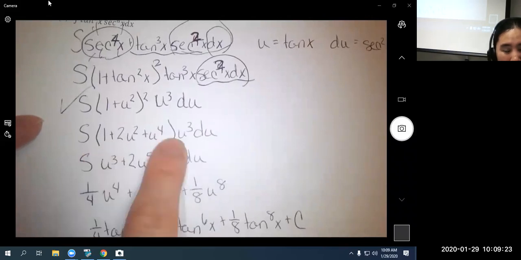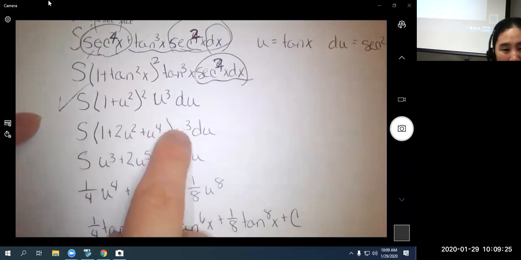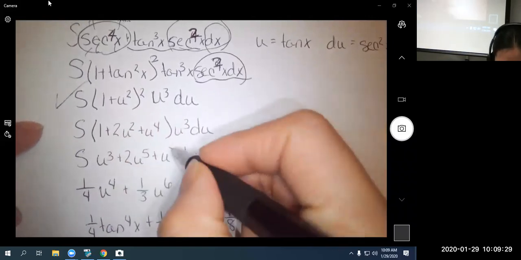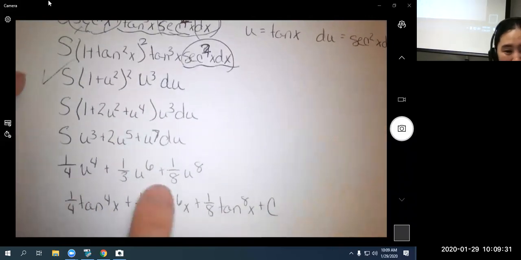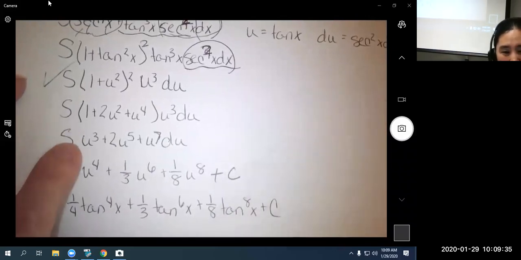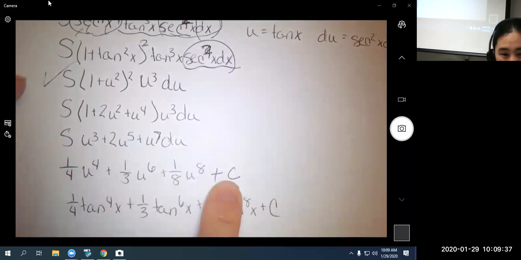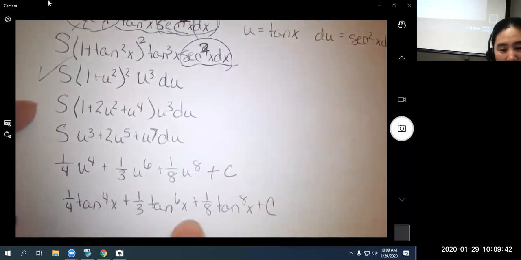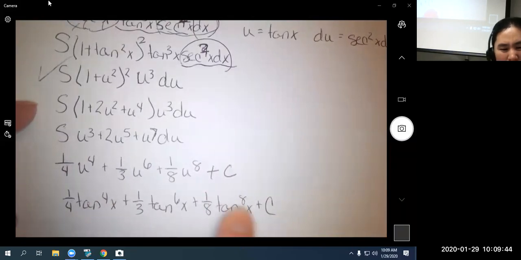Then we use the complete square formula, and then we distribute, which gives us this. This is u to the 7th, right? Then find the antiderivative plus a C here, because once the integral sign is gone, we have to add a C, okay? And then replace u back by tangent of x. So the answer is this. Did you get this question correct, everybody?